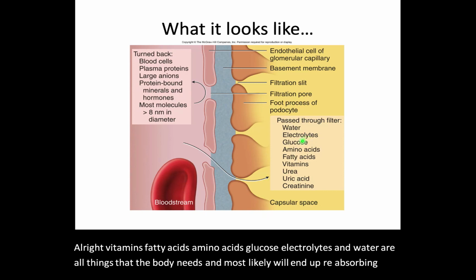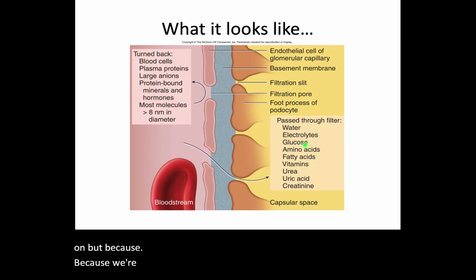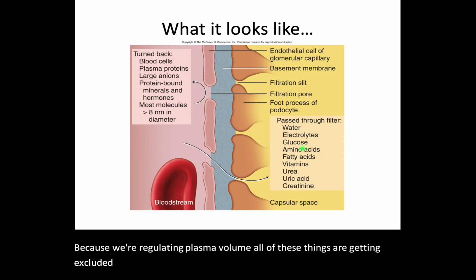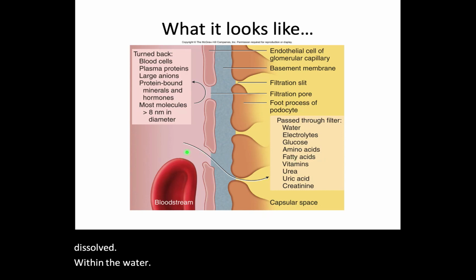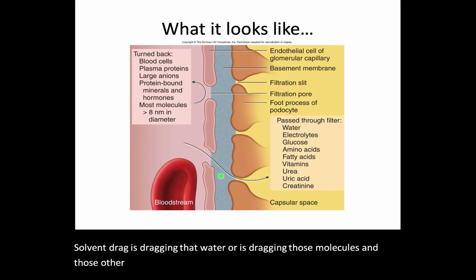But because we're regulating plasma volume, all of these things are getting excluded from the plasma as water is moving, because all of these things are dissolved within the water. So all of these things pass through as solvent drag is dragging that water and those other materials dissolved within the water.